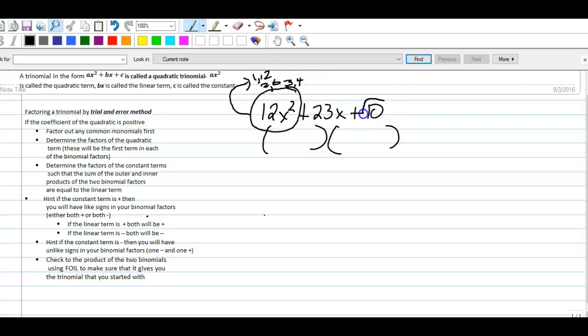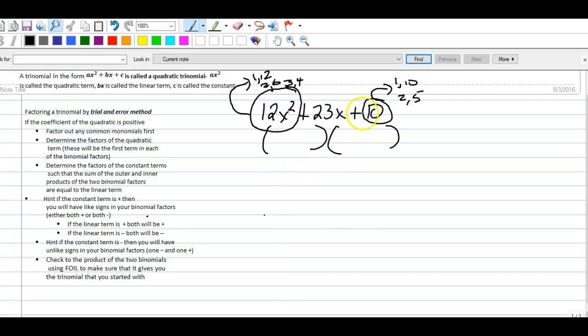We also have multiple choices for the factors of the constant term, 1 and 10, 2 and 5. So I don't know which combinations will give me the correct factors of the binomial such that when multiplied together will result in the original trinomial.